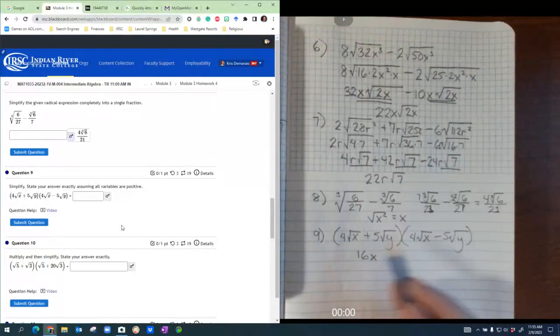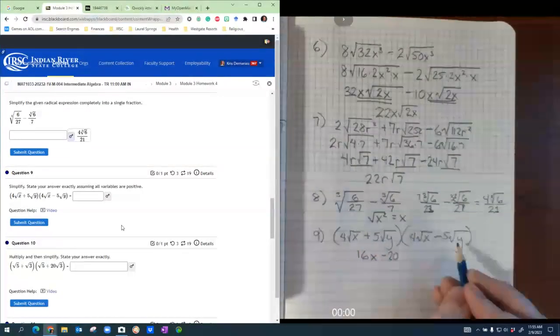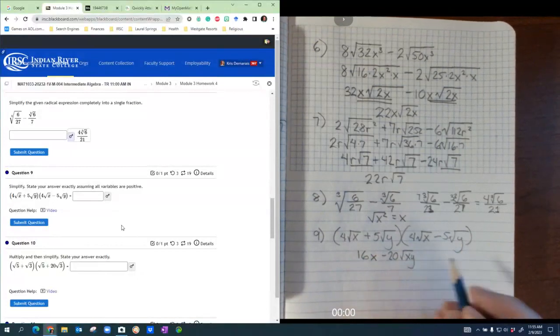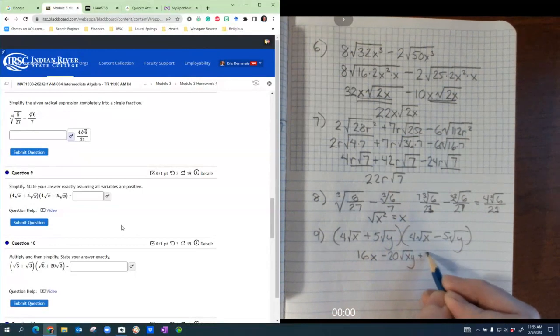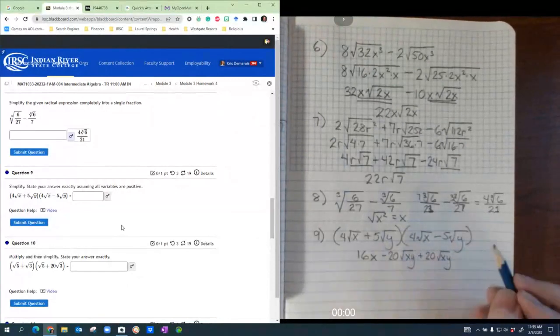Now, when I multiply this times this, it's going to be 4 times negative 5, which is negative 20, but then radical x times radical y is going to give me radical xy. Now I'm going to multiply these together. I'm going to get positive 20 xy, and then I multiply these together.